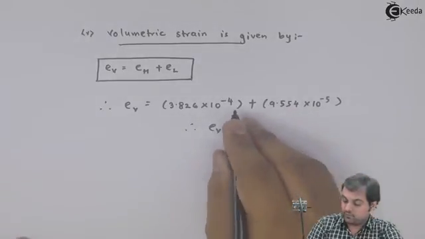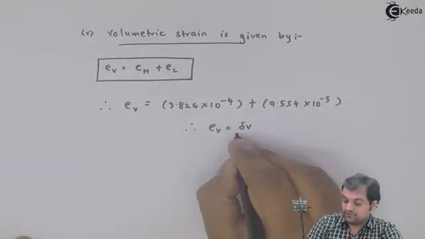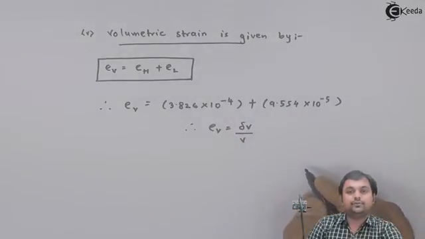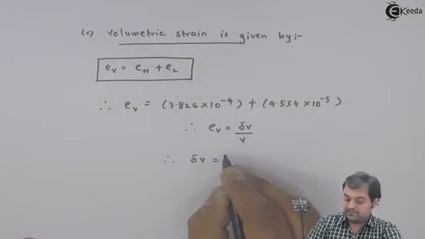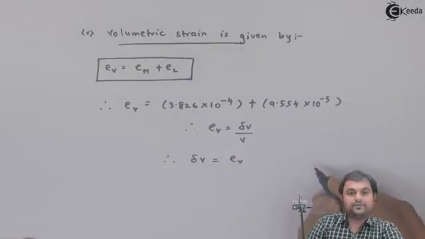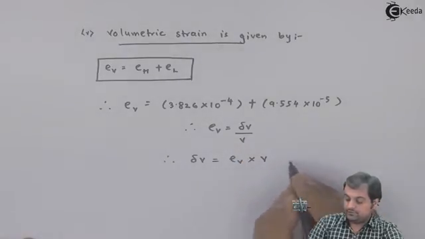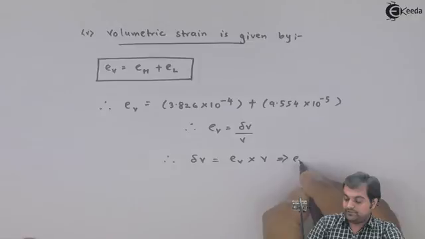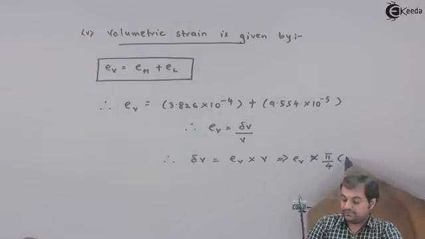and that will give me the volumetric strain, which is equal to change in volume upon original volume. The question is to find the change in volume, so it is volumetric strain multiplied by the original volume. The original volume is pi by 4 into diameter square multiplied by length.